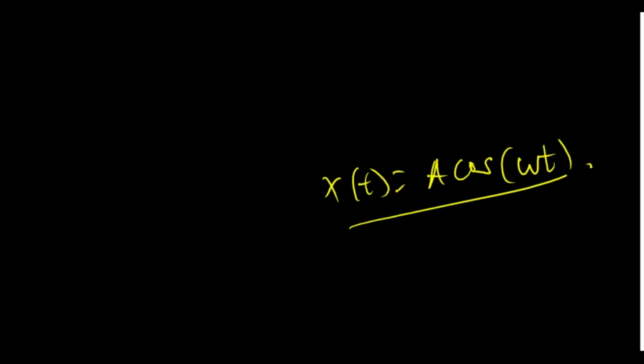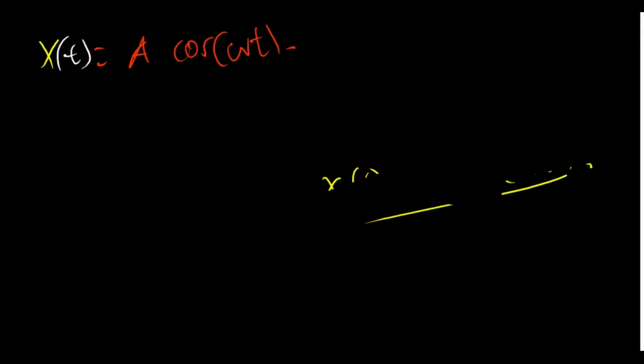The displacement as a function of time, or the position, is given by a cos wt. At the same time, we know that this w is basically the angular frequency, and remember that the angular frequency is given by 2 pi f.